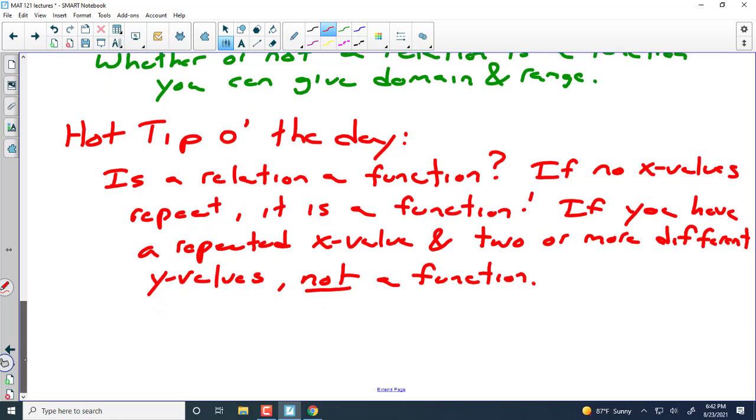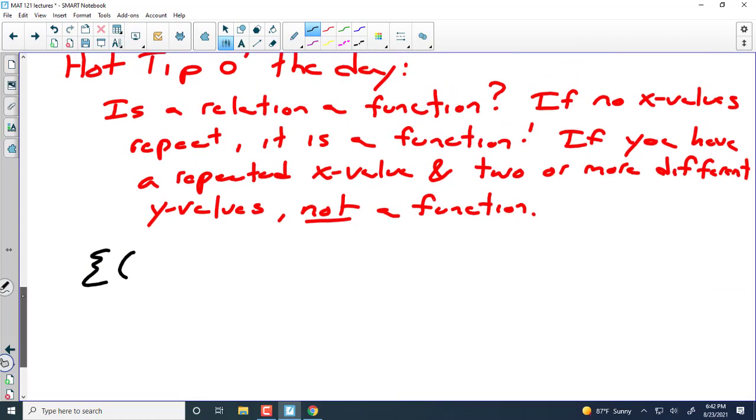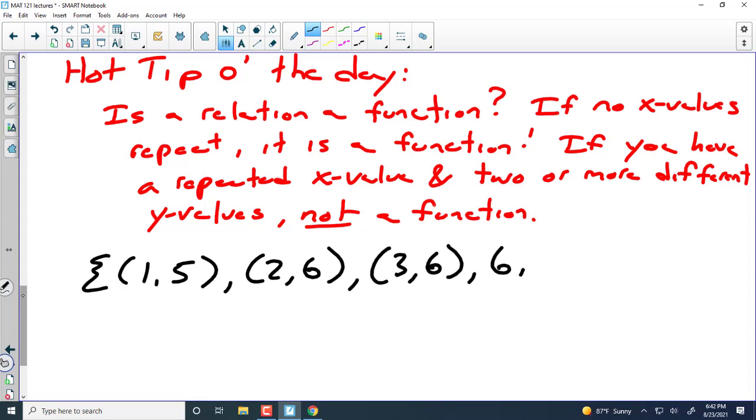All right, so everyone do this for me. Just on your own. Oops, sorry. Put the hot tip of the day back up there. First, we're going to decide if this is a function or not.